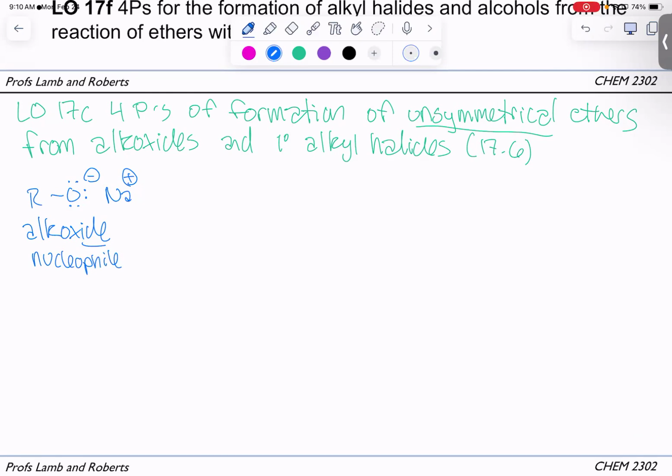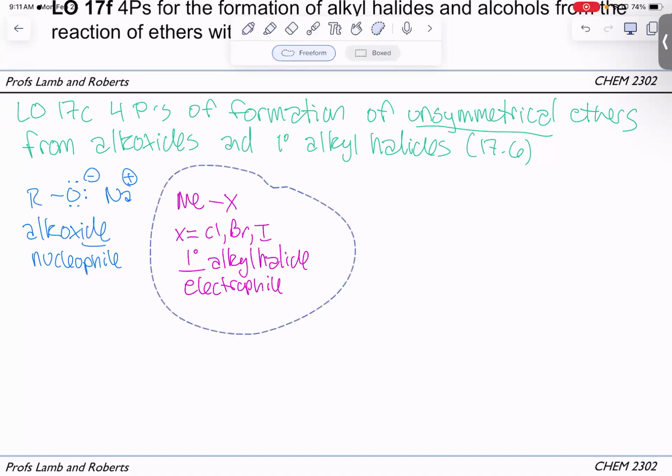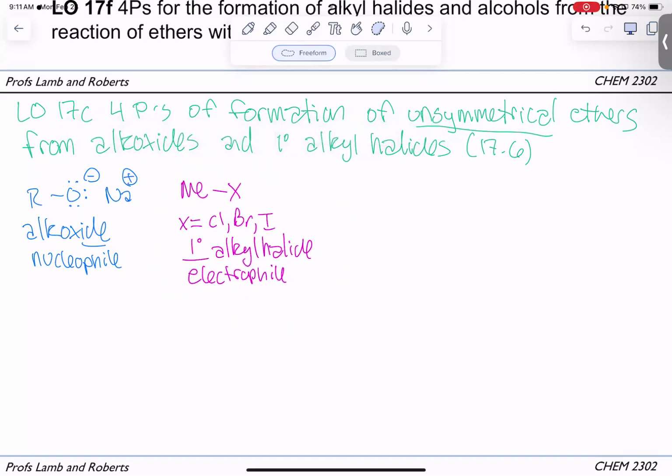All right, so this is going to be our nucleophile in the reaction. We see that's a good candidate for nucleophile. It's negatively charged. And then we're going to have a primary alkyl halide. In this case, I'm going to use methyl. So X here equals chloride, bromide, iodide. Is a primary alkyl halide. This is going to be our electrophile. We're going to talk about the reason why that primary alkyl halide is so important. So we'll just use methyl as an example, though.